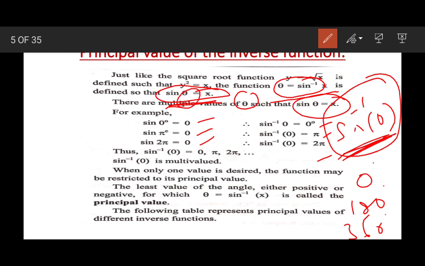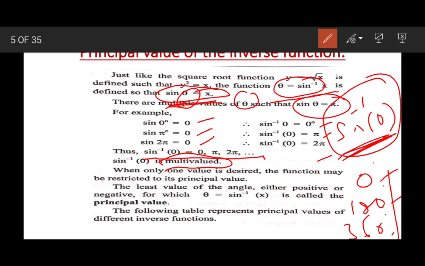Okay, so this is the problem with inverse trigonometric function. It can't give the exact angle, it gives a number of angles, right? Like here 0 degree, 180 degree, 360 degree. So thus, sine inverse 0 will be 0 degree, pi, 2 pi, and so on. There may be n number of angles. So sine inverse 0 is multi-valued.